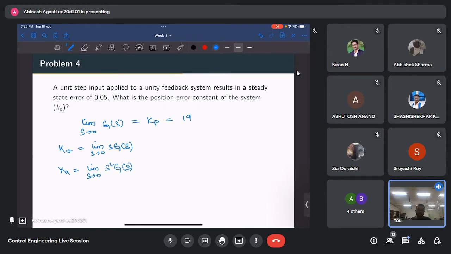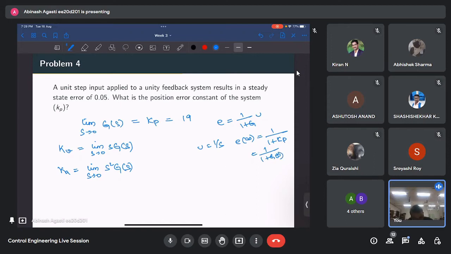So the origin behind these error constants is that we give a step input for the position error constant and see what is the steady state error of the system. E is equal to 1 by 1 plus g times u. So if u is equal to 1 by s, then e infinity is 1 by 1 plus Kp, that is 1 by 1 plus g of 0.